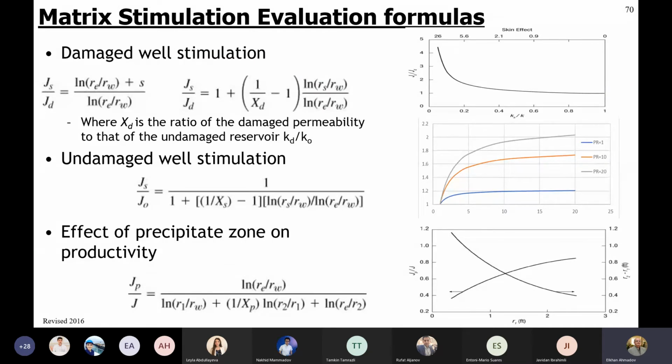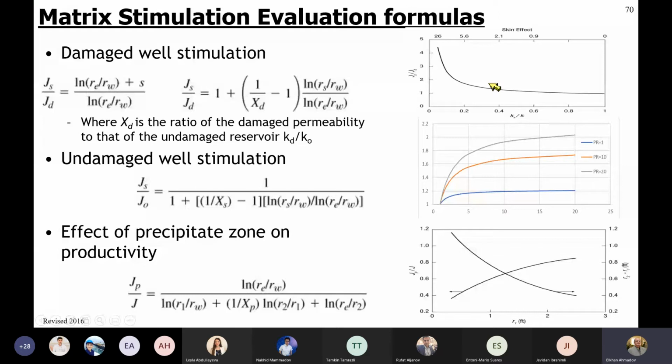Another way of matrix stimulation evaluation is using formulas. For example, here we have a flow efficiency formula, flow efficiency calculations for stimulated productivity against the damaged productivity. So we have a damaged productivity and the productivity after the stimulation. And these calculations will help to evaluate how much this efficiency has changed.